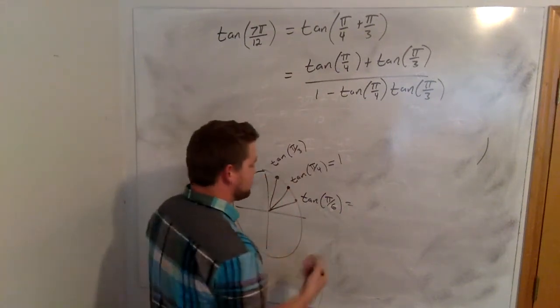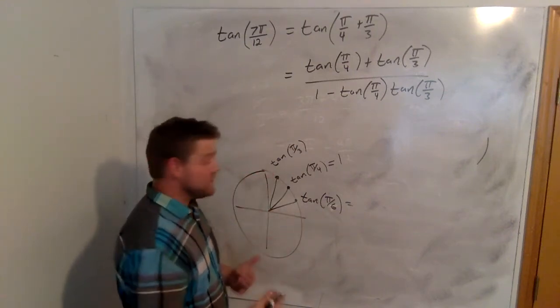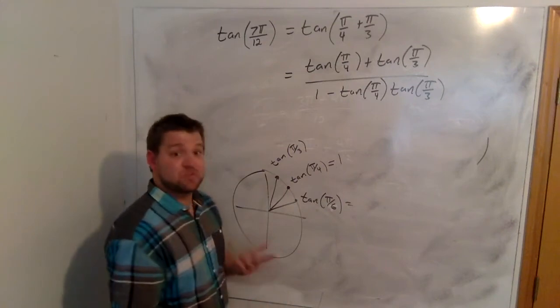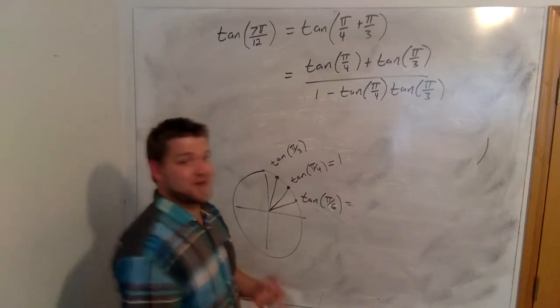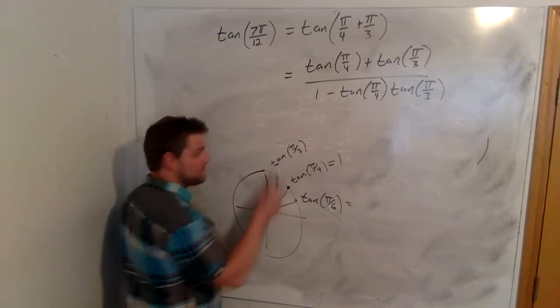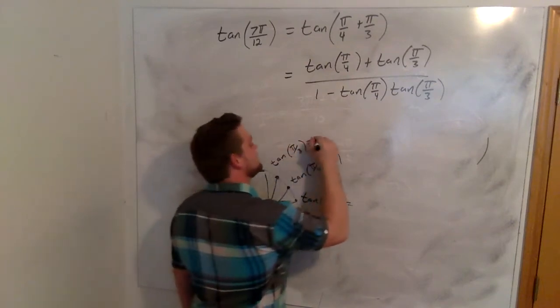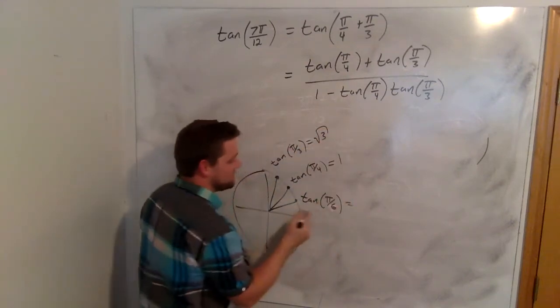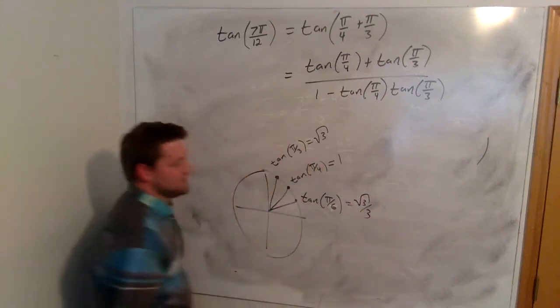What I remember for tangent is these ones are either root 3 or root 3 over 3. I just ask myself, which one's bigger? I hope you believe that the square root of 3 is bigger than the square root of 3 divided by 3. And I notice that this slope here is bigger. So tangent of pi over 3 is root 3, and tangent of pi over 6 is root 3 divided by 3.